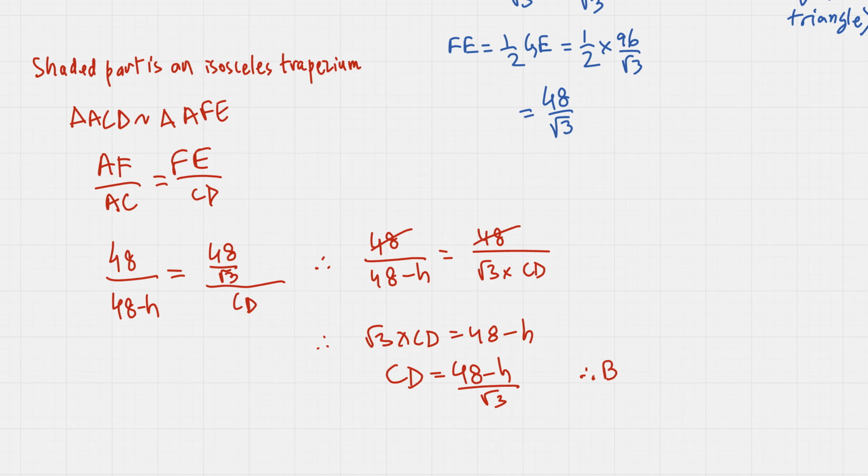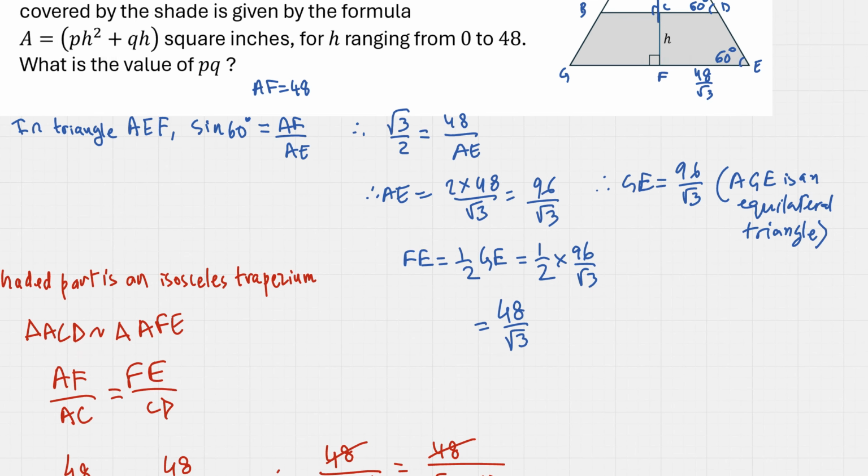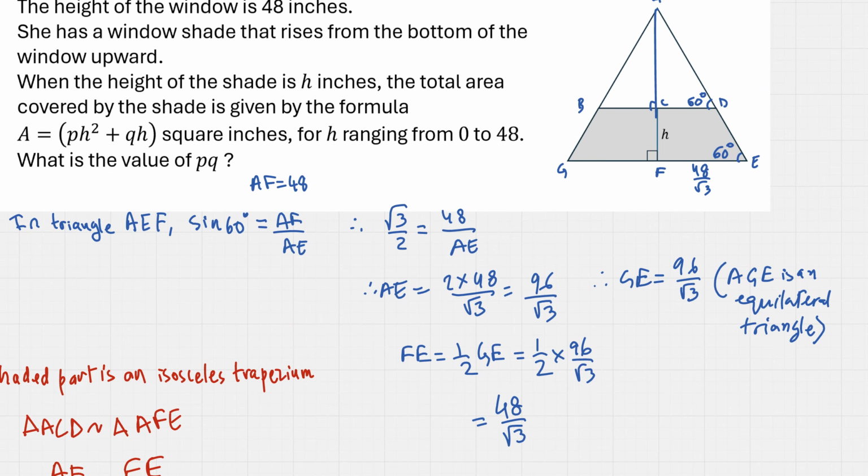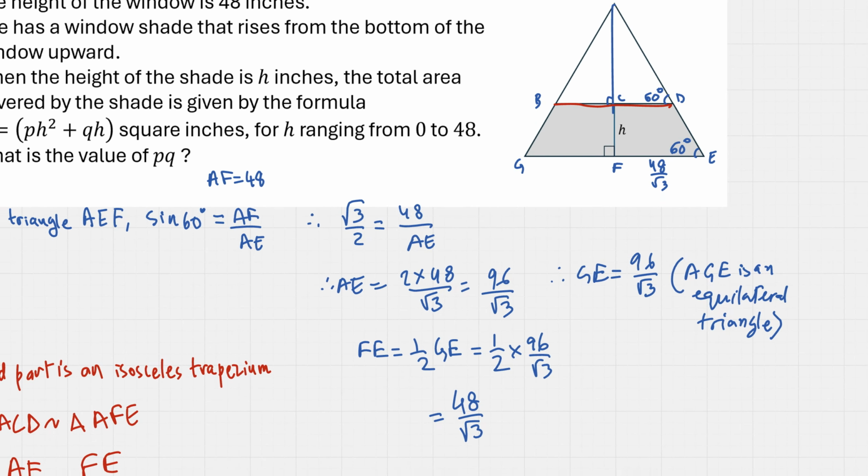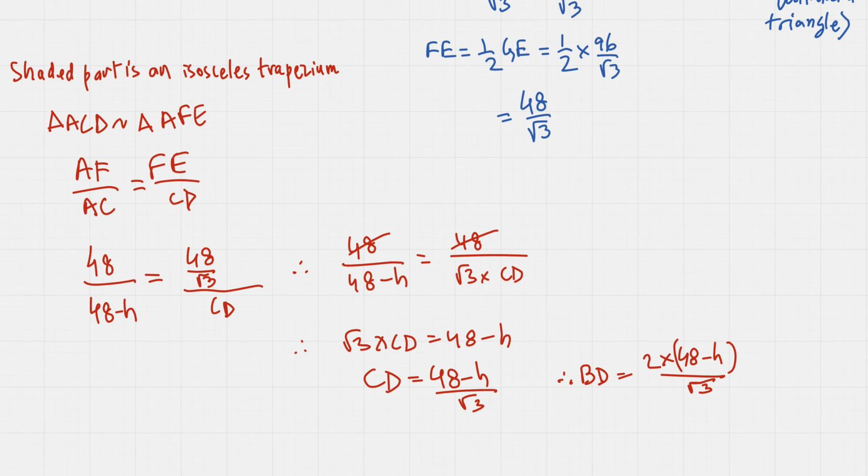Therefore BD would be twice CD, which is 2 times 48 minus h over root 3. So now we know the sides and we can work out the area.